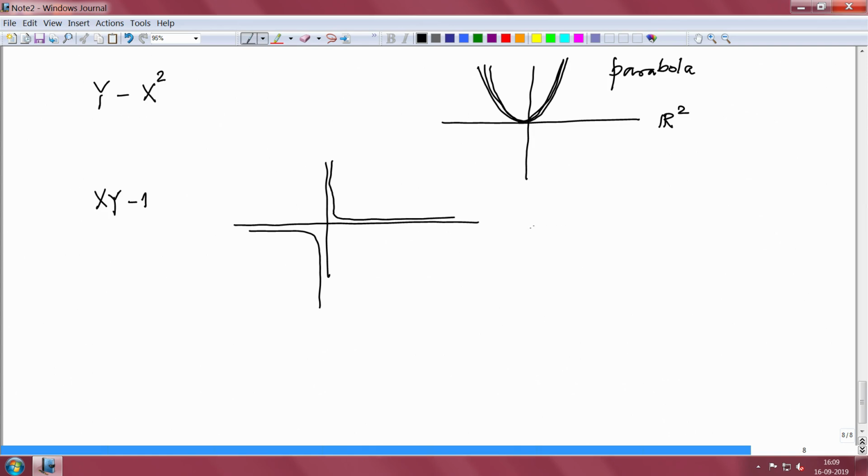This is called a rectangular hyperbola. And in the case x square plus y square equal to 1, this is a unit circle.